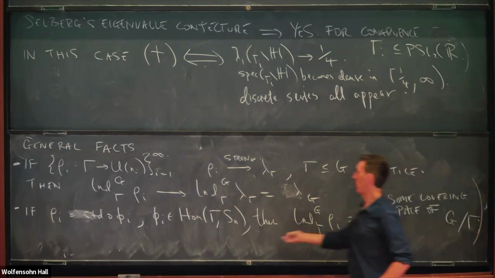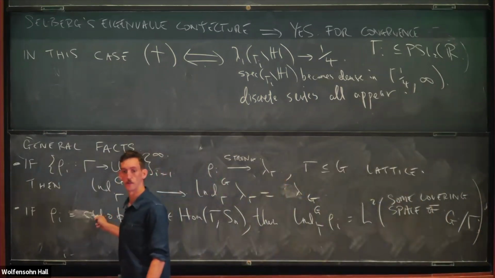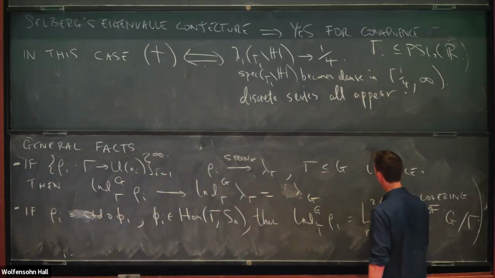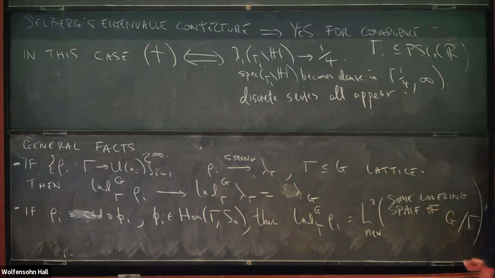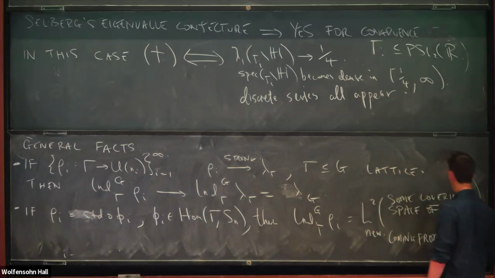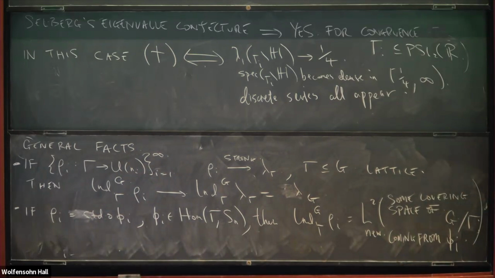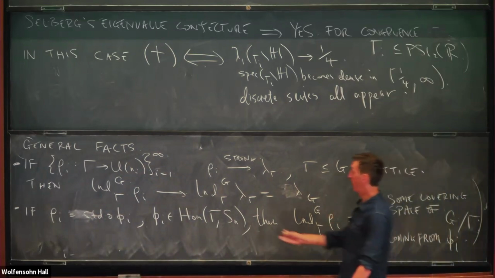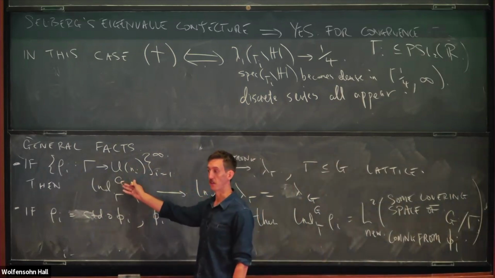Except because standard removes the trivial representation, you have to say that it's the new vectors in L2 of some covering space of G mod gamma coming from phi I. So this connects the induced representation to covering spaces, and this connects inducing representations to strong convergence.